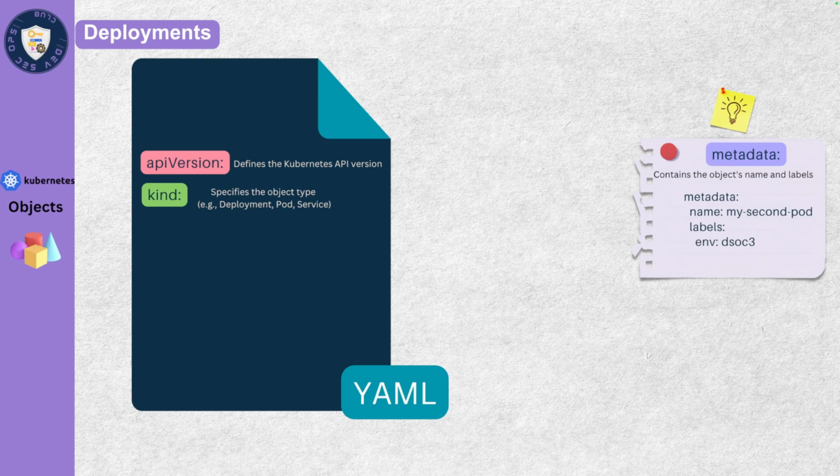The next thing you have to mention is metadata. It looks like this in our pod, and it basically has two things. You always have to mention a name for the resource. For example, if you are creating a deployment or pod, you give it a name. I just gave my second pod, but maybe it's a front-end application, so you could say front-end application pod or backend application pod.